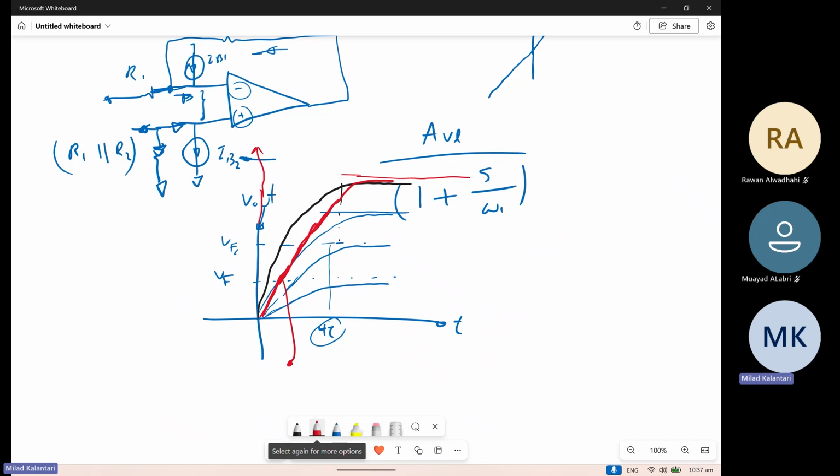There is a limit. This one we call the slew rate. It cannot be larger than some value, and the way we report it is volt per second. It says how many volts per second the output is changing.